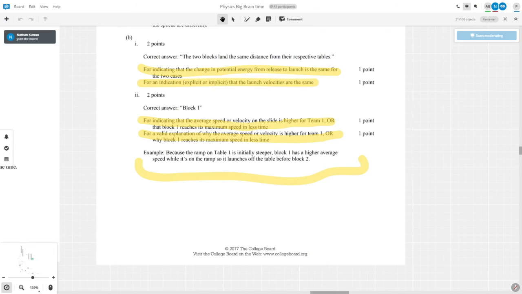How does the scoring work, other than like 4 out of 7 points? How many FRQs are there? There are 5. So there are 2 short answer questions. There's one qualitative quantitative translation question.